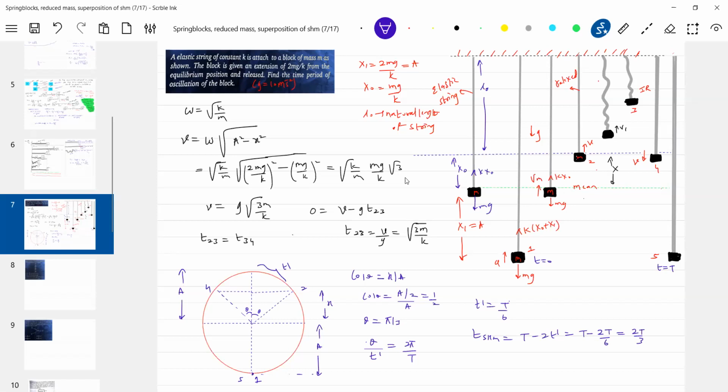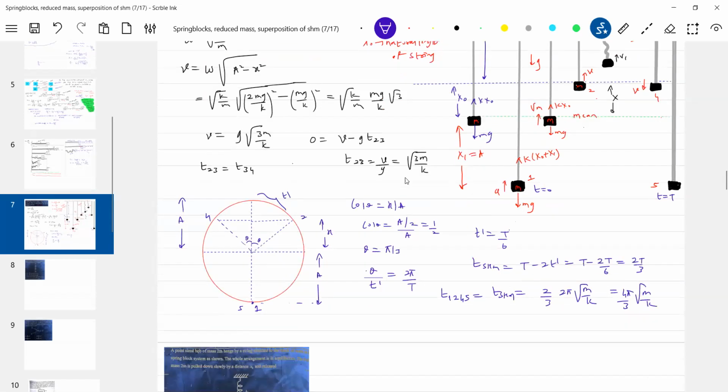Now what is further T? T should be equal to 2 pi root of m by k. This is the time period for SHM. What is the time period for SHM? What you should call the time taken to move from 1 to, then from 4 to 5. I think we have all the ideas now. So this will become 4 pi by 3 root of m by k. Okay, what is the total time period?